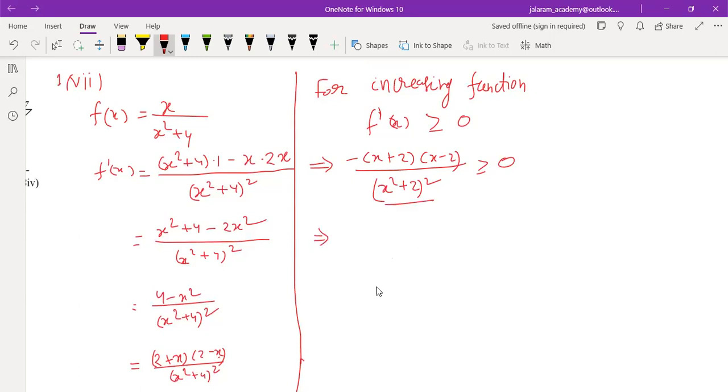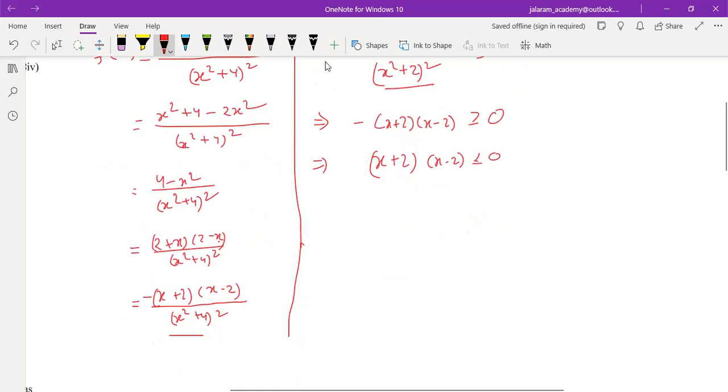And this x square plus 4 whole square is positive, so we can multiply both sides by this positive number. And the inequality is reversed when signs are changed.